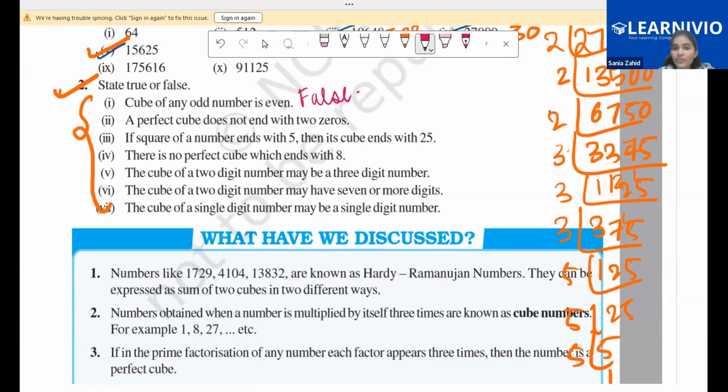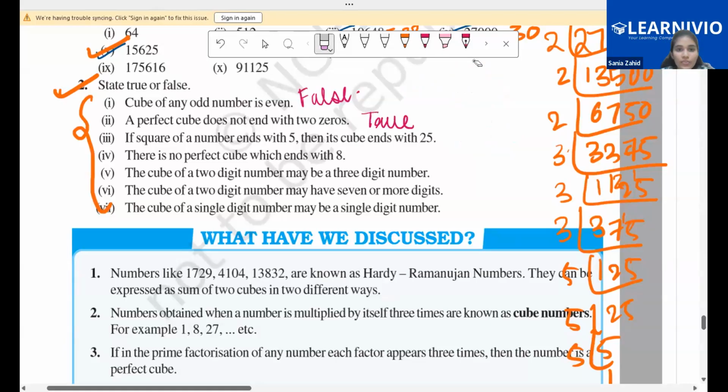Exactly. If any number is a perfect cube and it's ending with zero, it should always have three zeros. Like let's take 27000. For this number to be a perfect cube, it should have three zeros only. If it has two zeros, then it's never a perfect cube. It may be a perfect square, but it's not a perfect cube. So that's true.